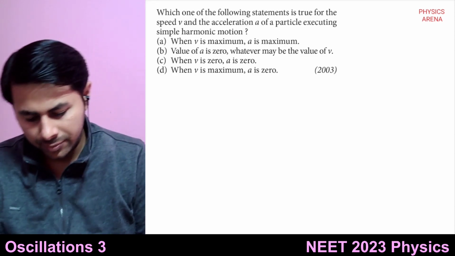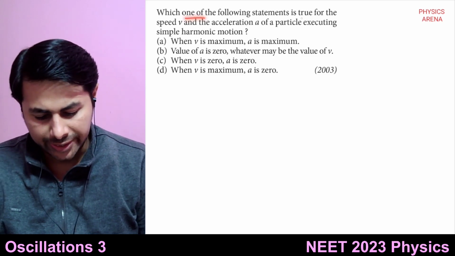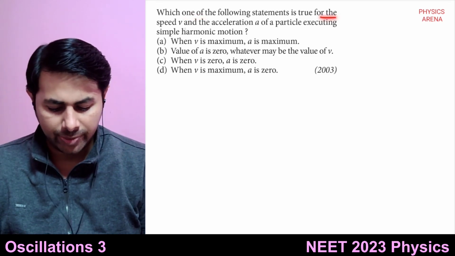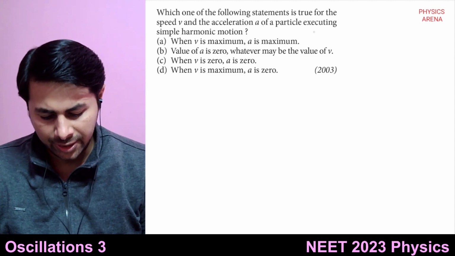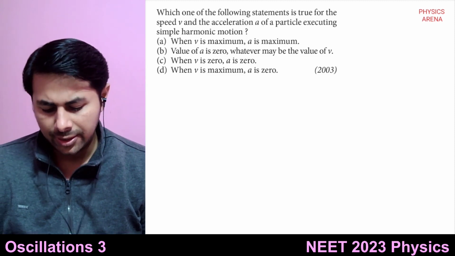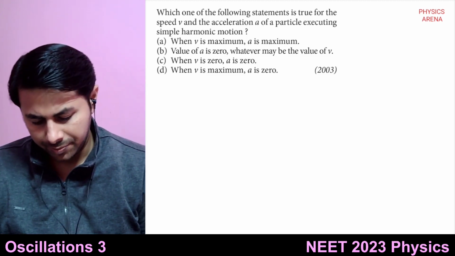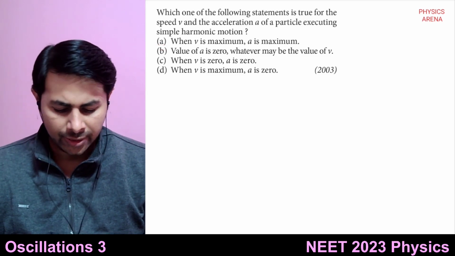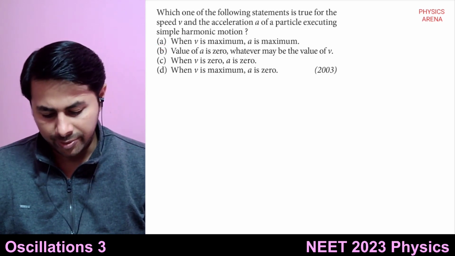Next question. Which one of the following statements is true for the speed v and the acceleration a of a particle executing simple harmonic motion? Option A, when v is maximum, a is maximum.